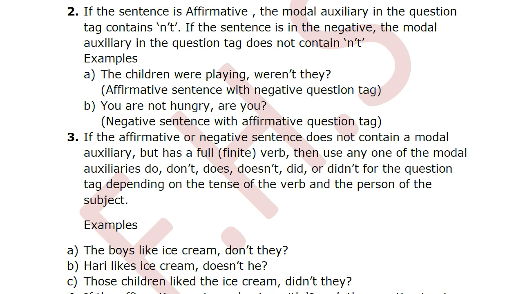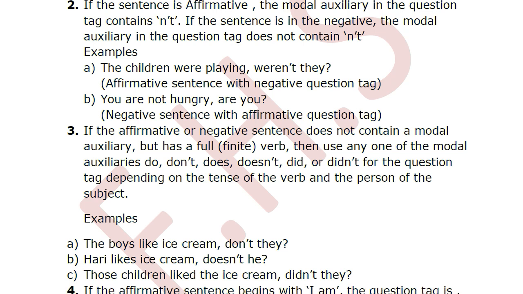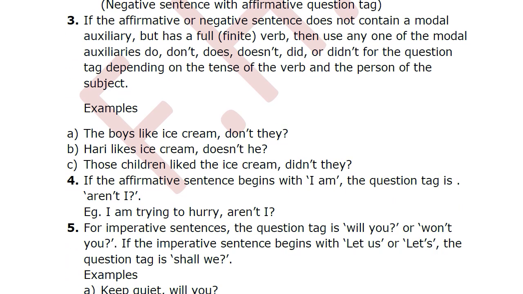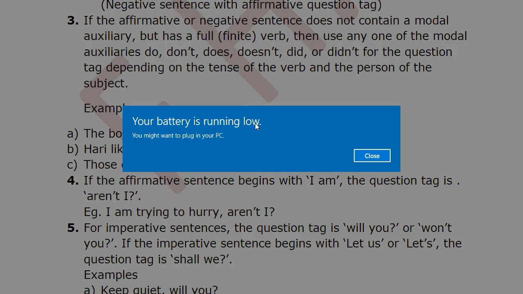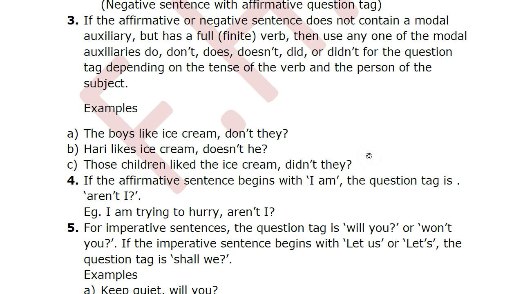If the affirmative or negative sentence does not contain a modal auxiliary, so what do you do when there is no modal auxiliary? Then you will use any of these: do, don't, does, doesn't, did or didn't for the question tag, depending on the tense of the verb and the person of the subject.